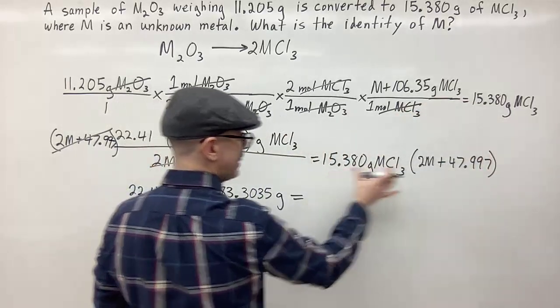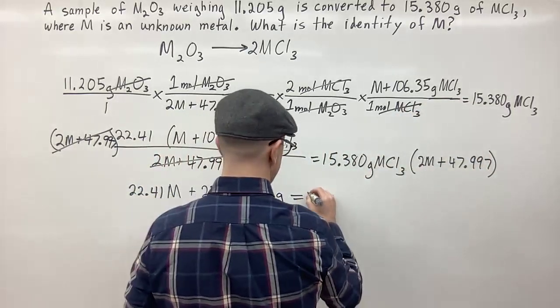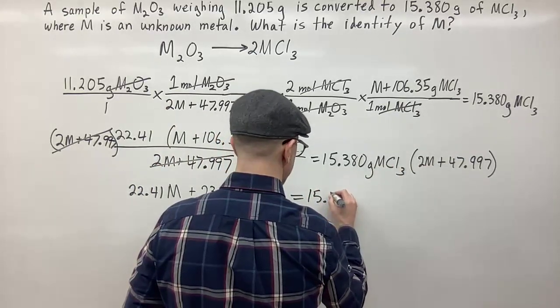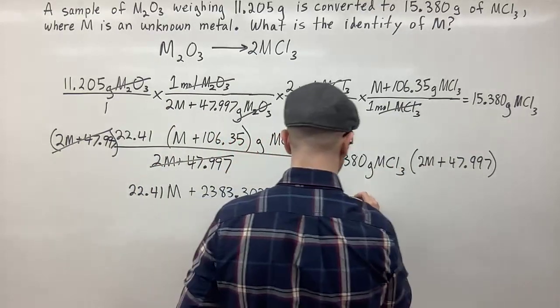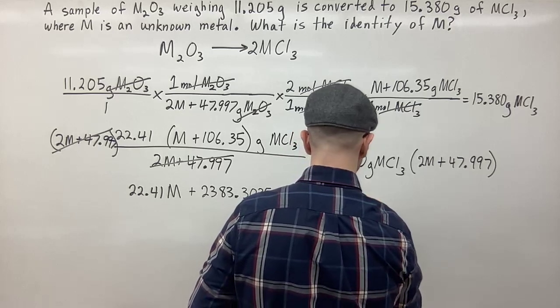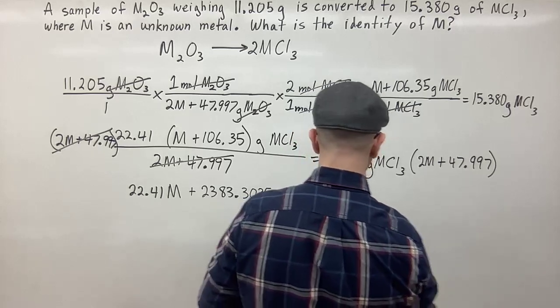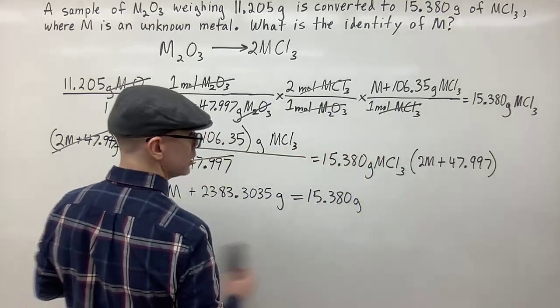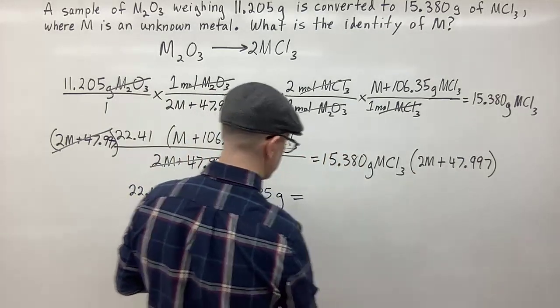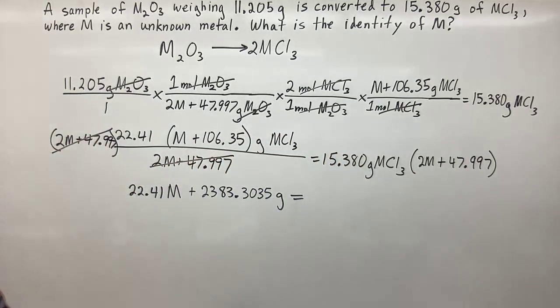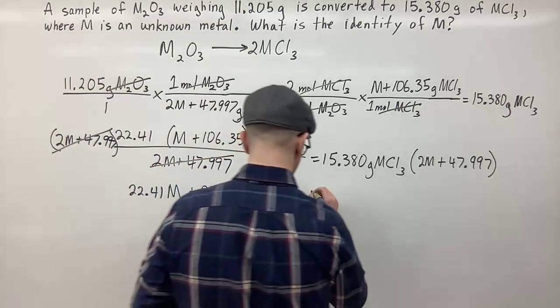So if I multiply this out, I'm going to get 15.380 grams multiplied by 2. Oops, I forgot the 2. So that's going to be 30.76 grams.